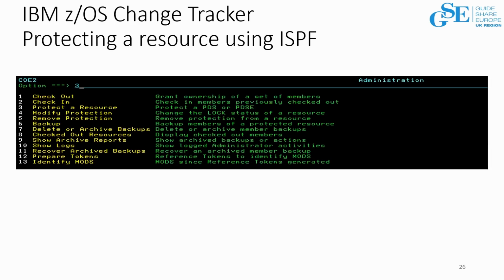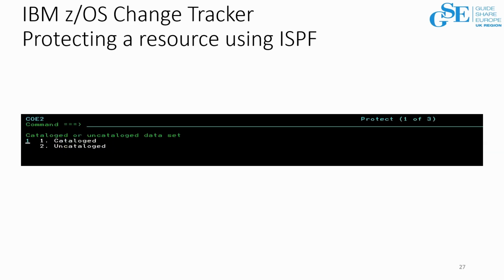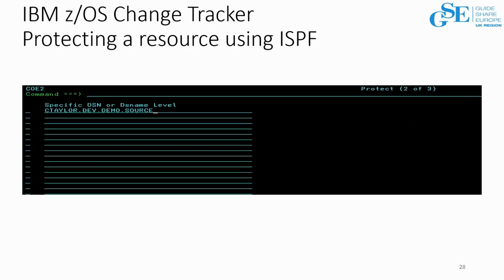We say, okay, we're going to protect a resource. And then from here, we're going to say, are we going to be looking at a cataloged or uncataloged data set? We can look at uncataloged data sets as well. It's just that if you are looking for a particular data set, it would need to be explicitly defined rather than using a pattern capability. As I'm showing here, this is an explicitly defined data set.